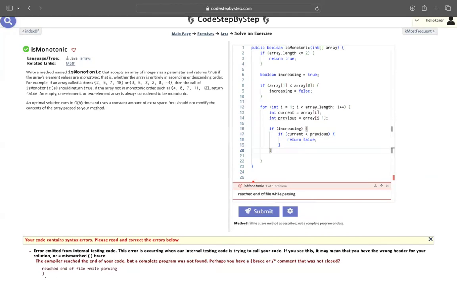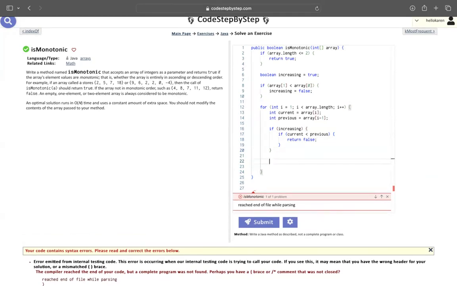If we're not increasing, we must be checking for a decreasing pattern, right? So would we use an if, else, maybe nothing? What would we do if we're looking at the case where we're not checking for an increasing pattern?